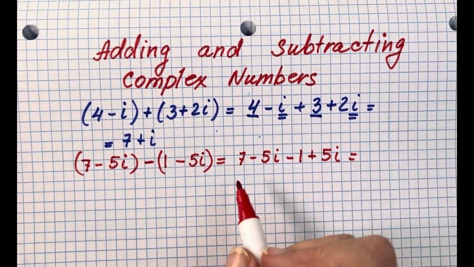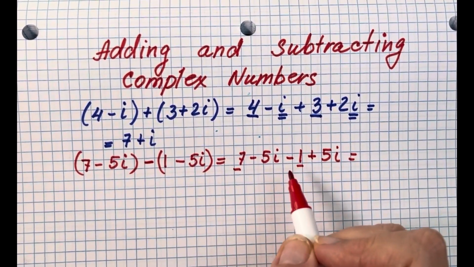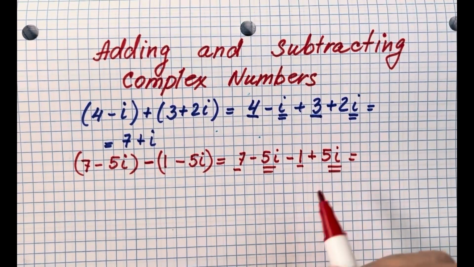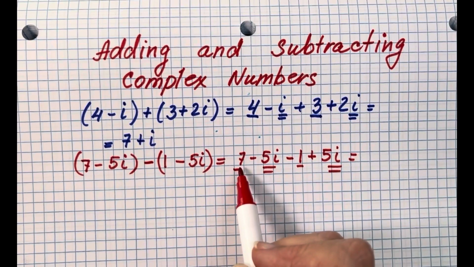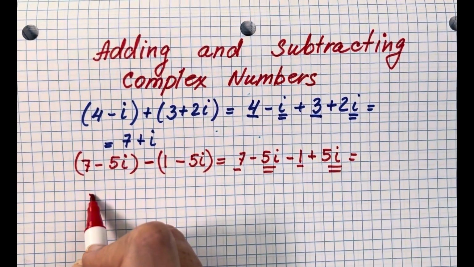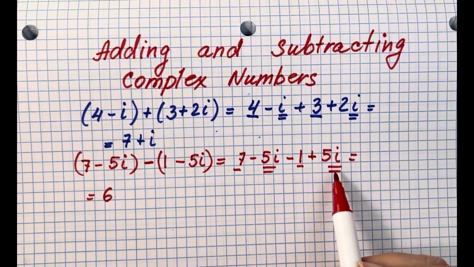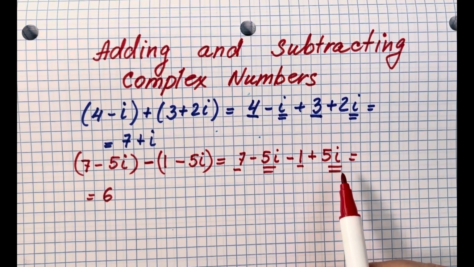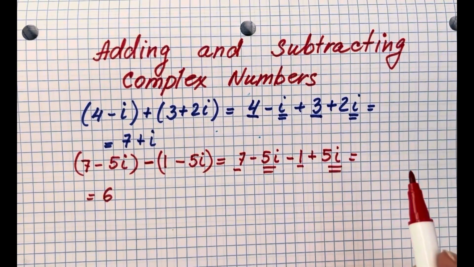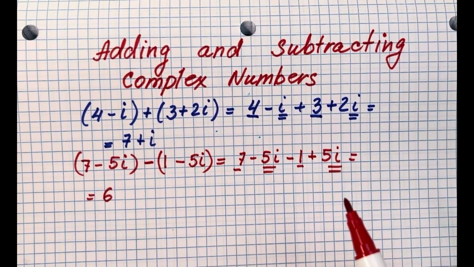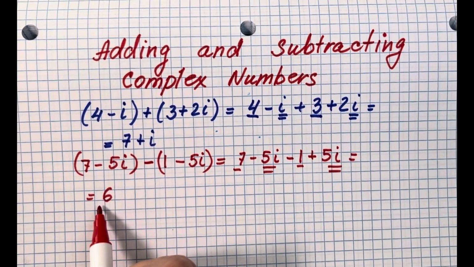Next step, we're just combining again real with real, imaginary with imaginary, and we will have 7 minus 1 gives us 6, negative 5i and plus 5i. That cancels out, right? So that is actually our answer. The final answer, we have 6.